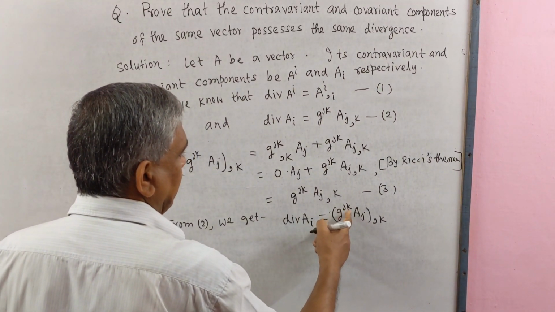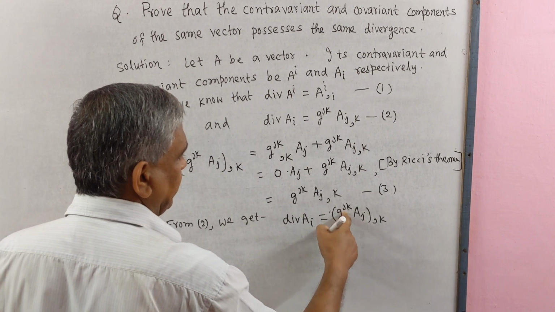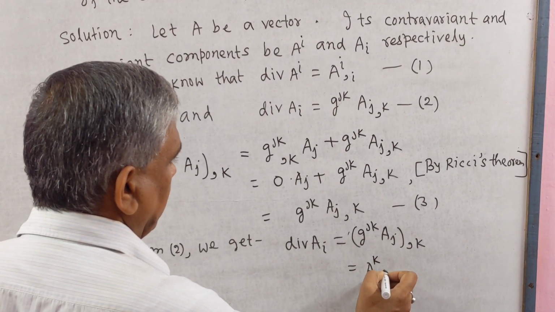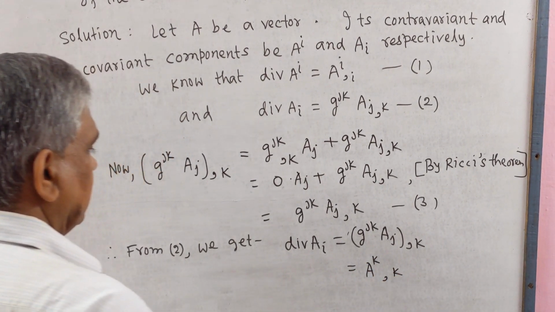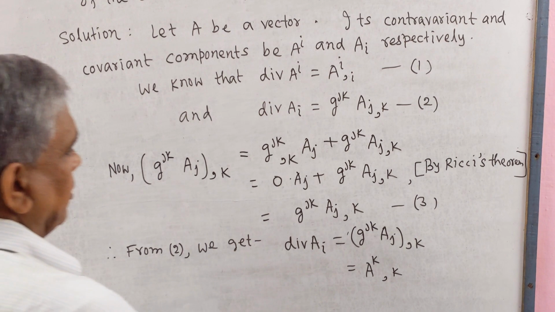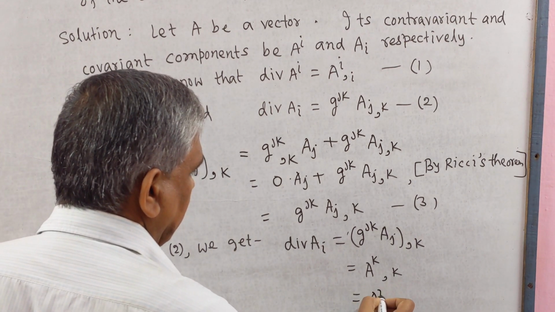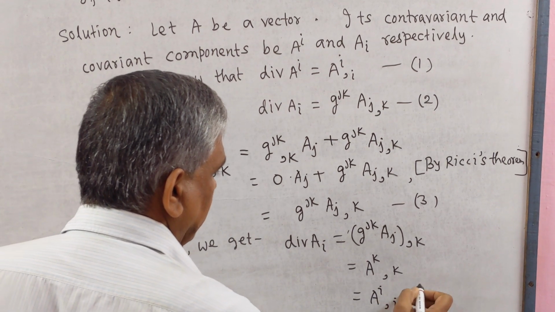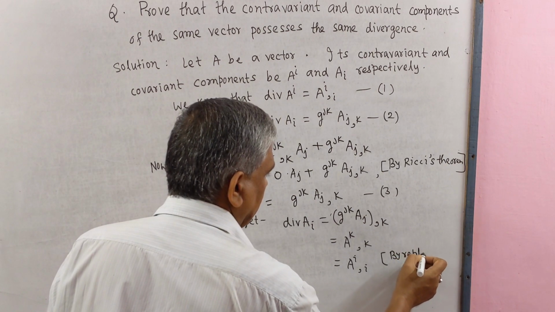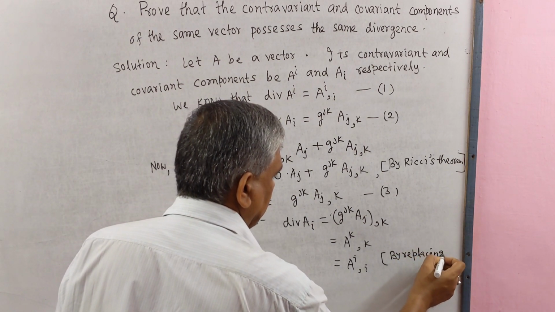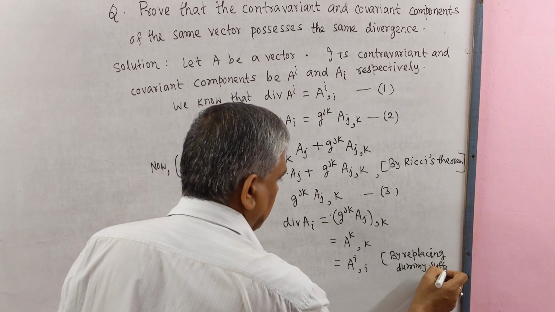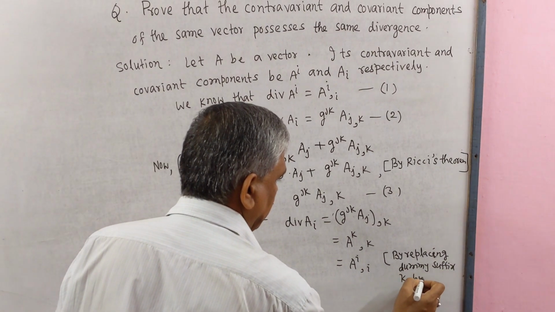Here g^jk and A_j, so j is the dummy suffix, and the value of this is A^k comma k. k is the dummy suffix, so we may replace k by i, giving A^i comma i.